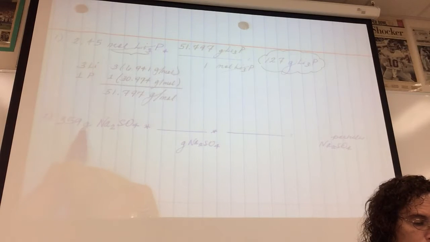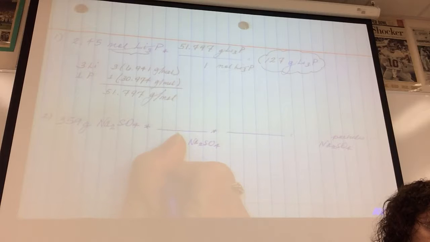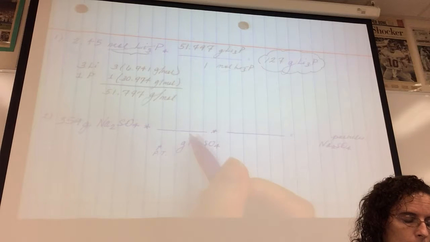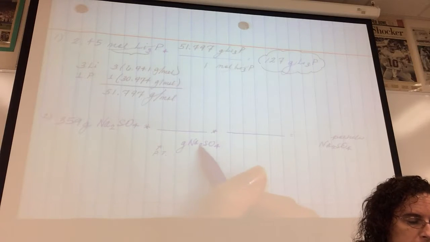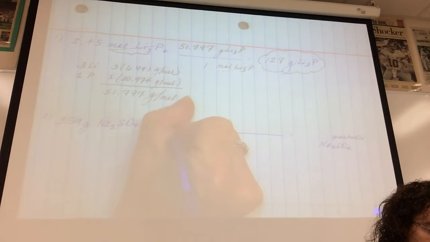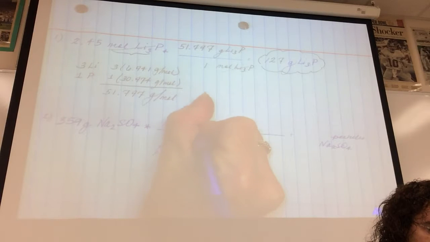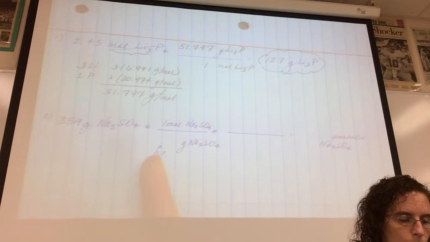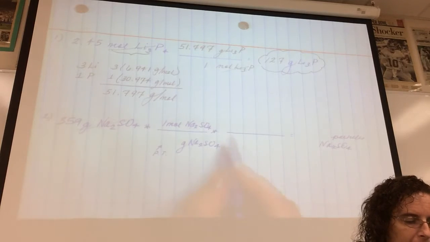So a number, a unit, a substance, a number, a unit, a substance. Now grams is going to come off the periodic table, and we can always go from mass of a substance to moles, because 1 mole of anything is equal to its mass in grams. So we can get that piece in just a second.